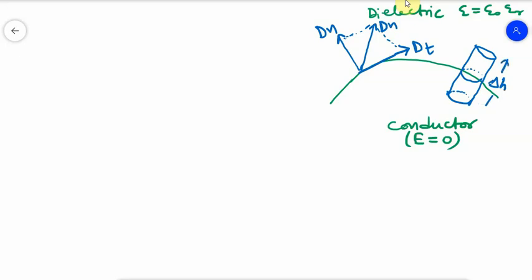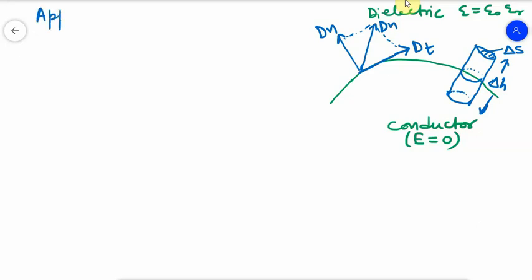This is a closed Gaussian surface, and this area is del S. As we did in the dielectric boundary condition, in a similar way we will proceed here also. There we applied the equation D dot dS equals charge enclosed.